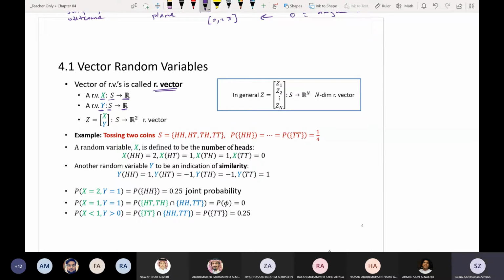So you can define the random vector Z, which is X and Y, as a mapping from S to R squared, the two-dimensional space. So every time you define Z, basically you define X and Y, a pair.